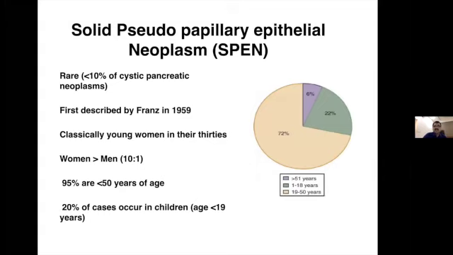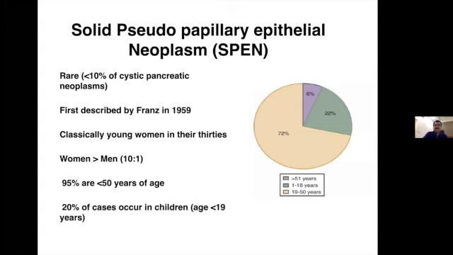The next tumor which I'm going to discuss is not a true cystic neoplasm. It is called a solid pseudopapillary epithelial neoplasm. It is a very rare tumor as per literature, but it is very commonly seen in tertiary care centers, because most of them occur in the head region of pancreas and proximal body, where the resection is very tricky.